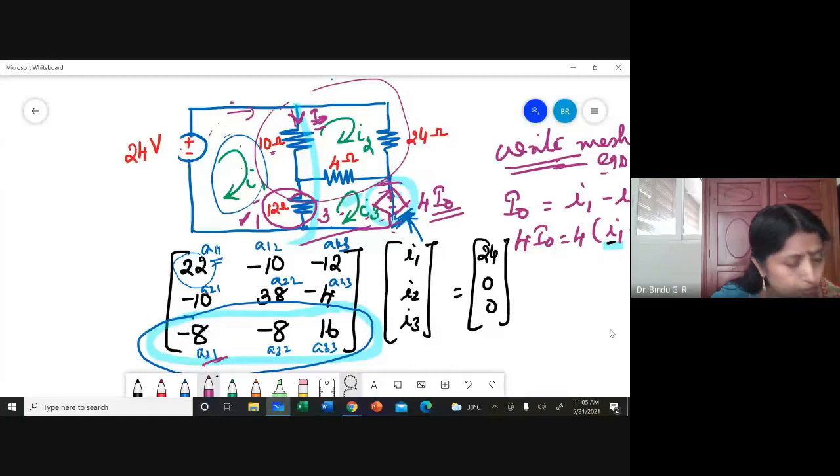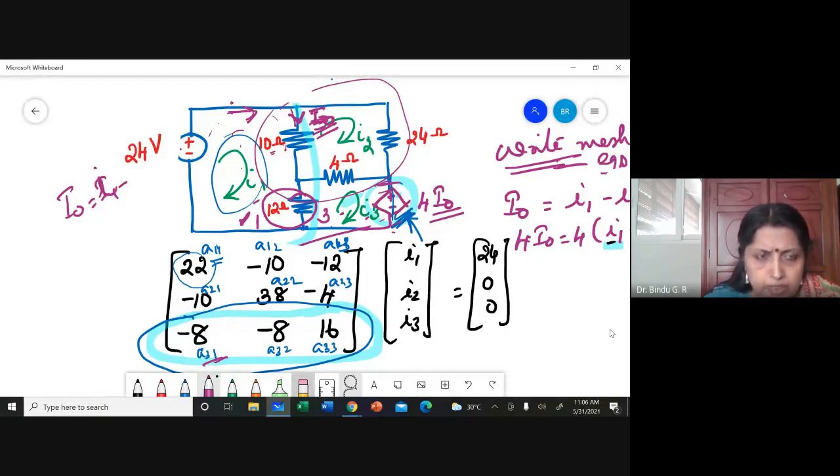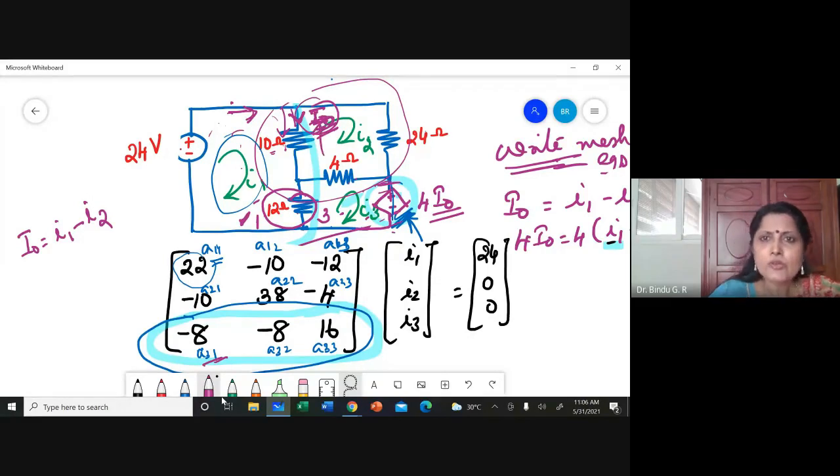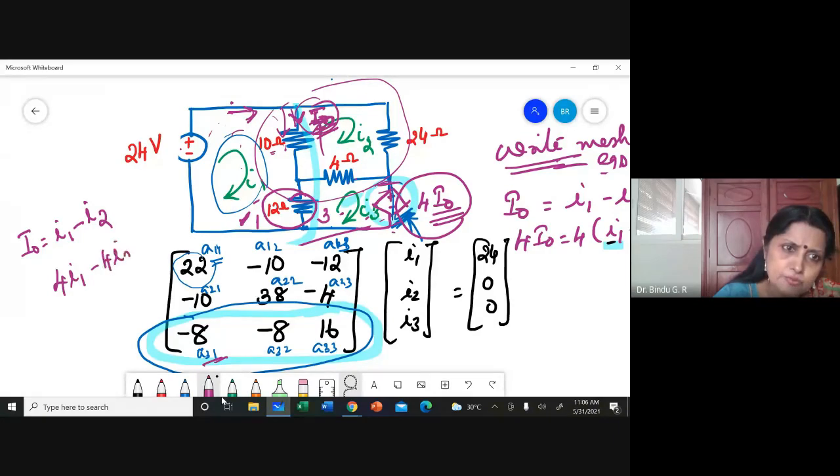I0 is I1 minus I2. Let me make it clearer. I0 is equal to I1 minus I2. So 4 I0 will be 4 I1 minus 4 I2.